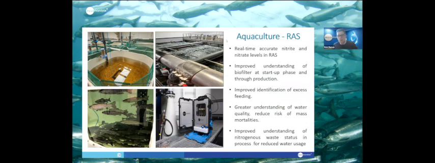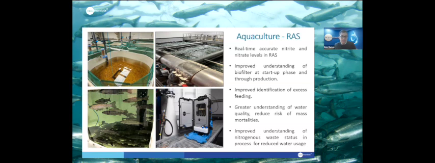But in terms of aquaculture and RAS, how does real-time accurate nitrite and nitrate concentration data add value? Well, by having this data, it allows for an improved understanding of the biofilter at the startup phase and through production. It gives an improved understanding of the feeding in terms of maximum feeding, excess feeding, and so on.